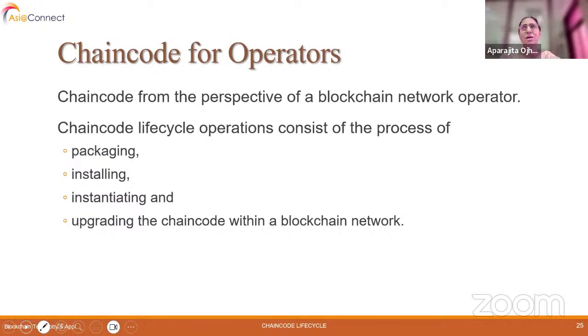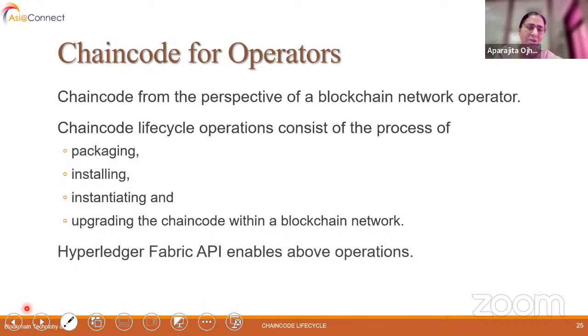So we are not committing on a specific channel, but on the network. We are instantiating and then upgrading the chain code within the blockchain network. So what is very natural is that we do not require approval and commitment from the channel members. Here, only the operators who will be maintaining them will be doing it.